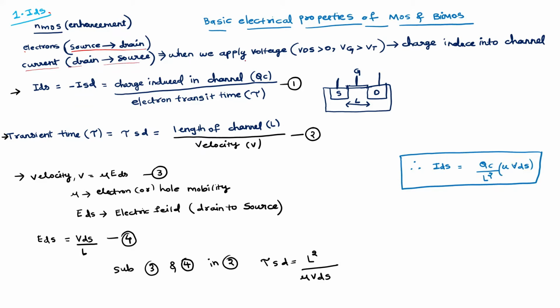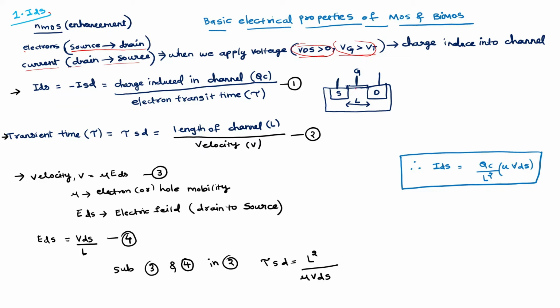When we apply voltage VDS greater than 0 and VG greater than threshold voltage, when VDS is some positive voltage and VG is greater than VT, that means the gate voltage is greater than threshold voltage, this is the case where our MOS transistor works.